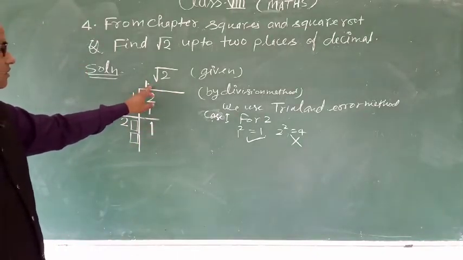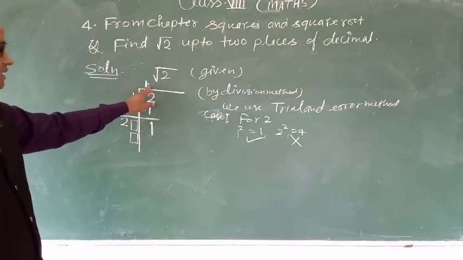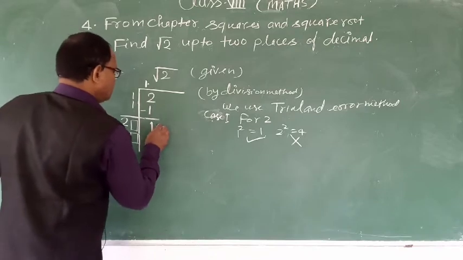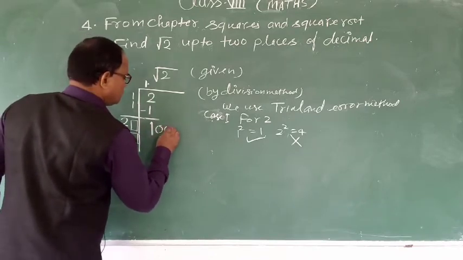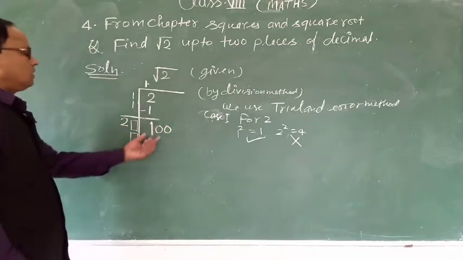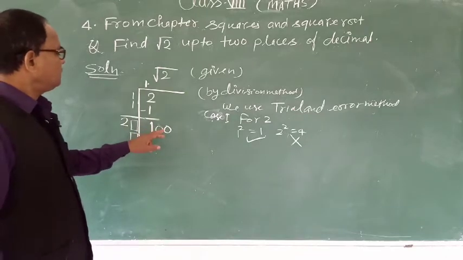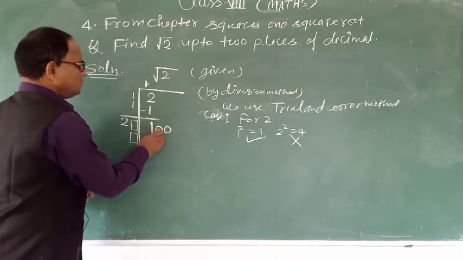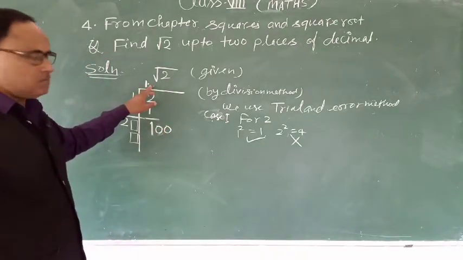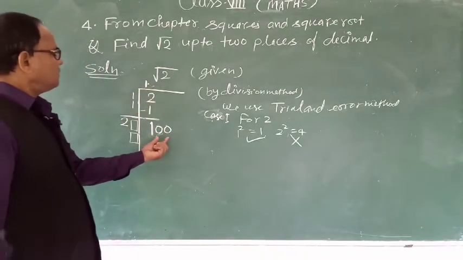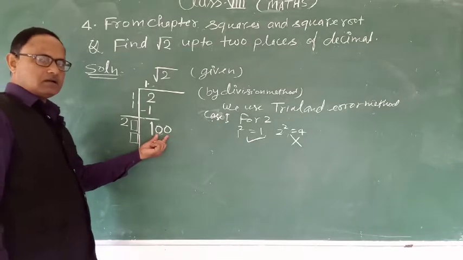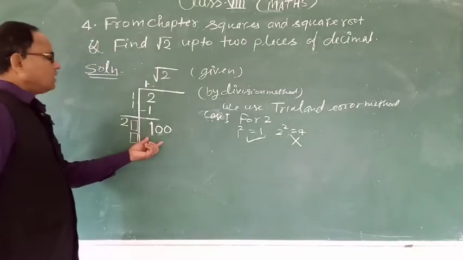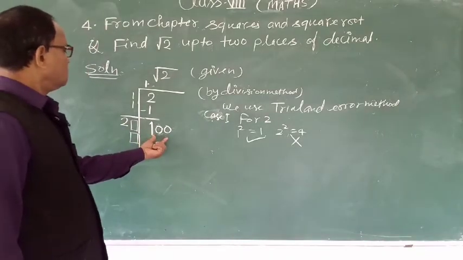After 1, write a decimal point. Then we get 2 0, or double 0. When we write the decimal point, then we get a double 0 right here. Thus we get the number 100.